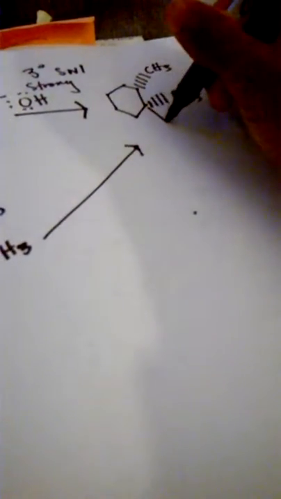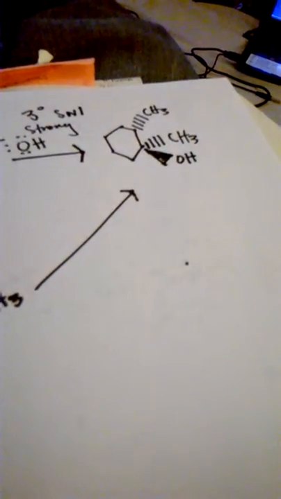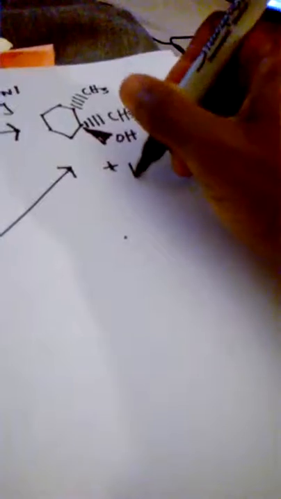So in one case, once the hydroxyl group makes the attachment, you'll have the product with the hydroxyl group, or the alcohol, that results with the same stereochemistry as before. And then you'll also have its enantiomer.